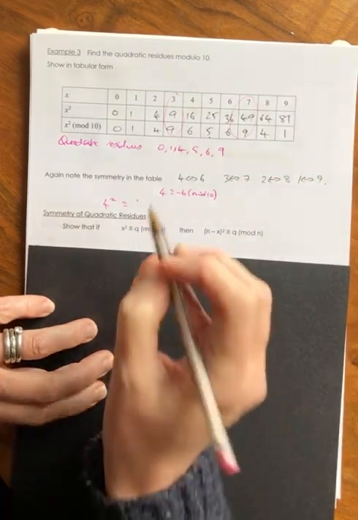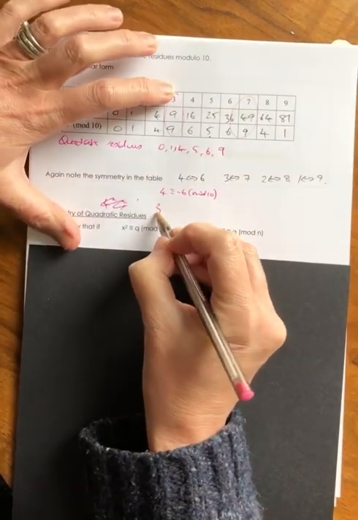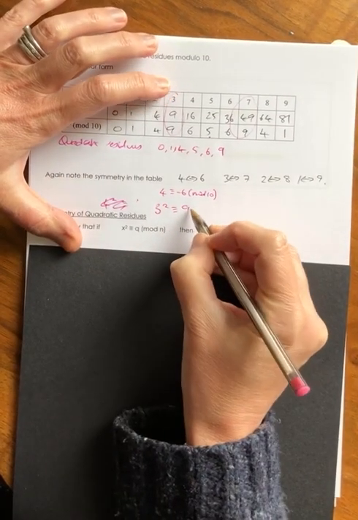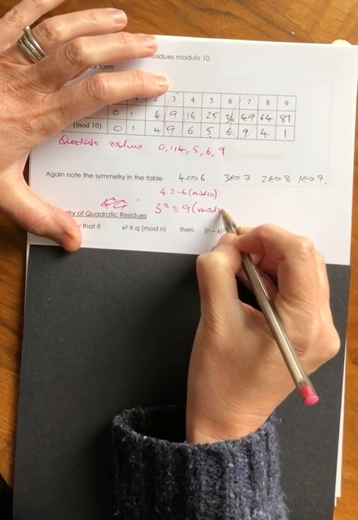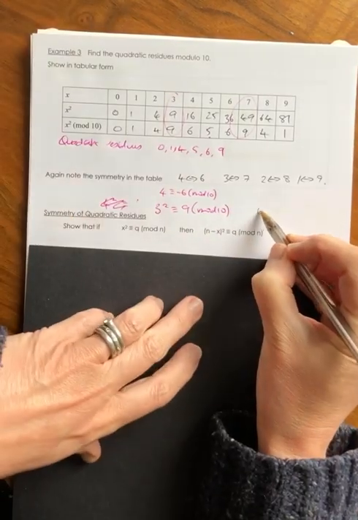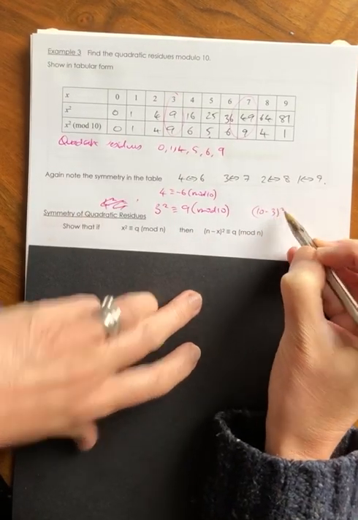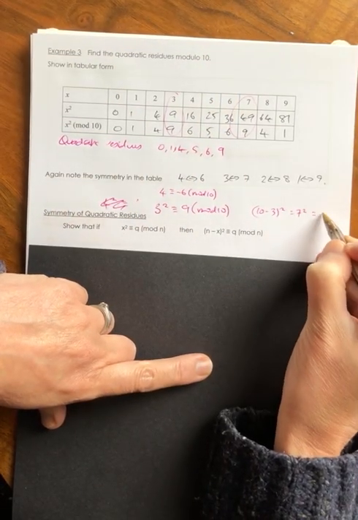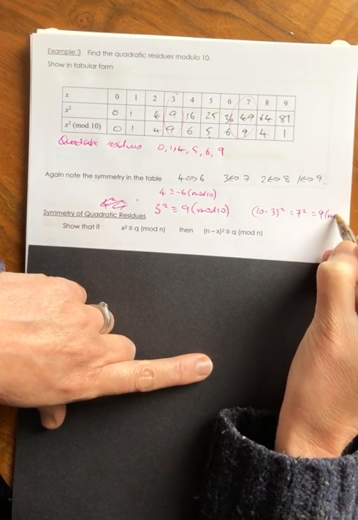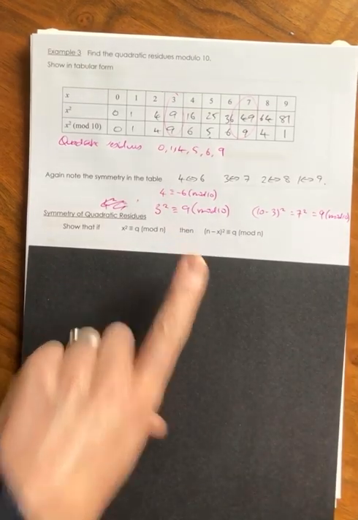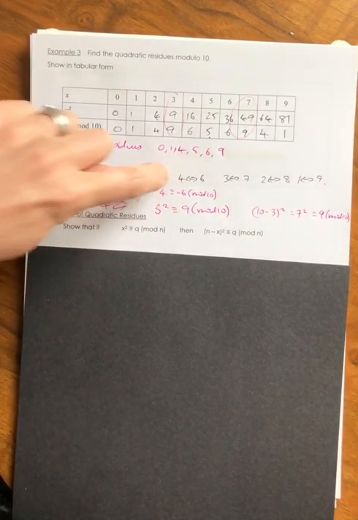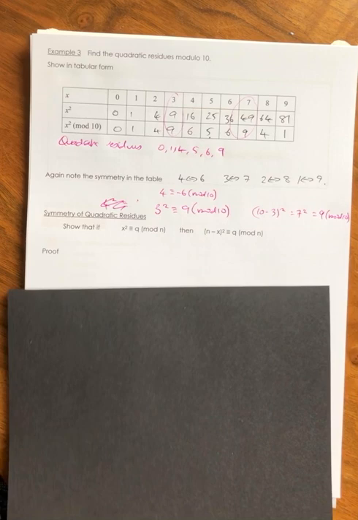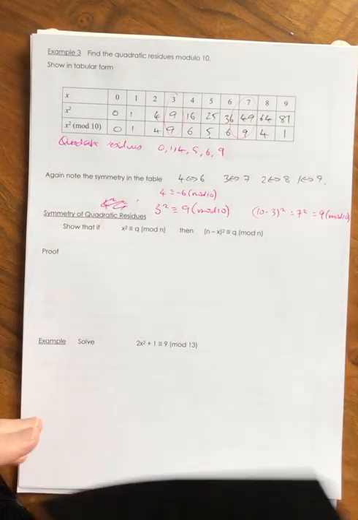So if 3 squared is congruent to 9 mod 10, then 10 minus 3 squared, which of course is 7 squared, is also congruent to the same thing. So that's just the algebraic form of the statement above. So let's prove it.